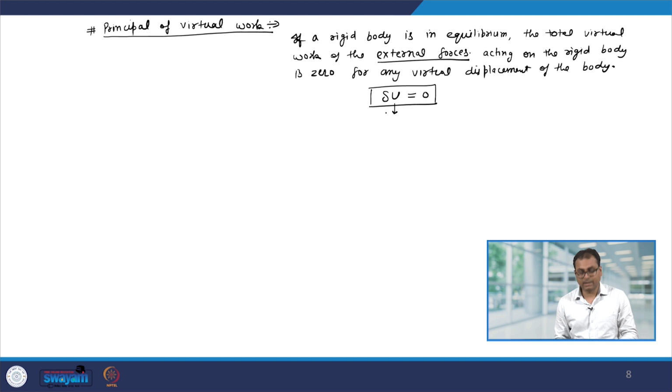Note that here delta U is the total virtual work, and you have to calculate it for the external forces, for example, the forces that you are applying or the mass of the object and so on.